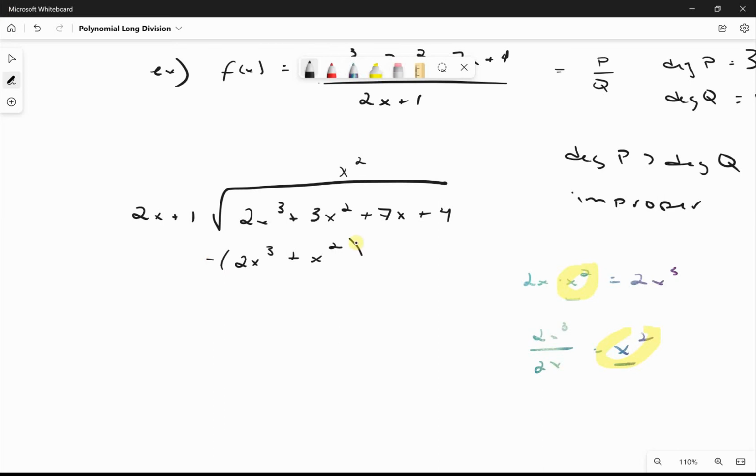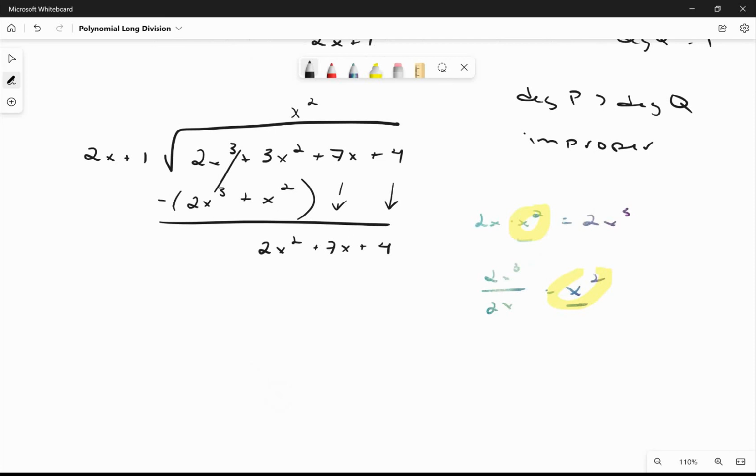This leading term should always cancel out if you did that correctly. Then we're subtracting this x squared from 3x squared, and we get 2x squared, and these other two terms just come down.